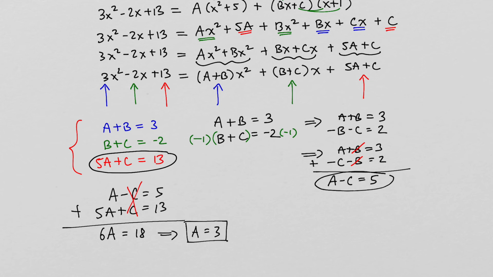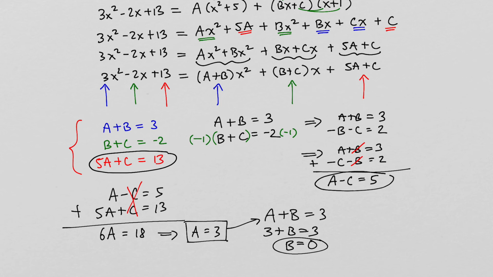Now, once I have a, it's very easy to find all the other values, right? So for example, if I know that a is 3, just take that first equation. a plus b must be 3. Well, if a is 3, then that says 3 plus b is 3, and that means that b has to be 0.